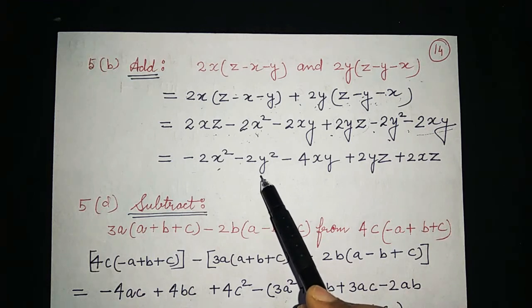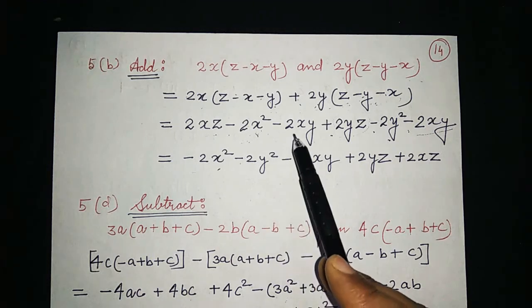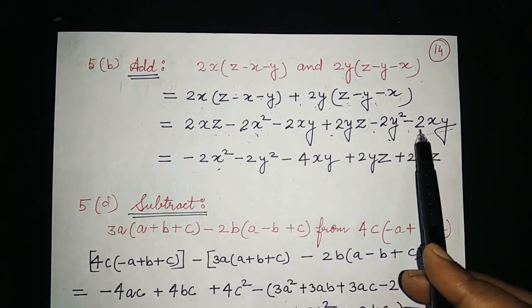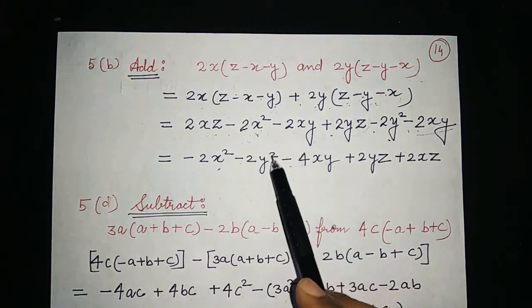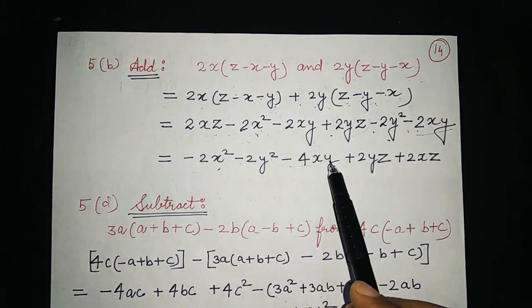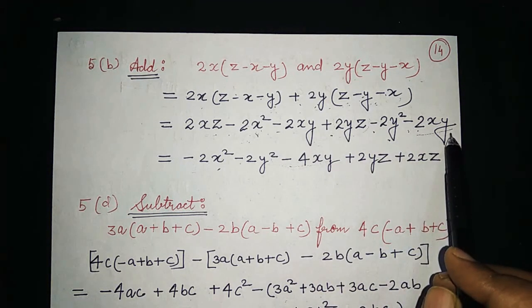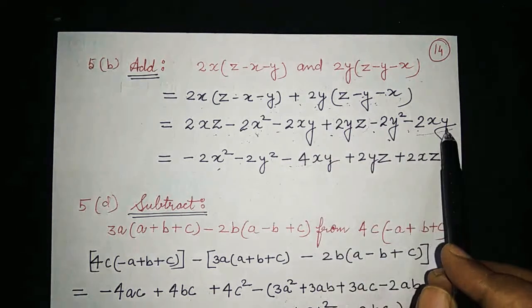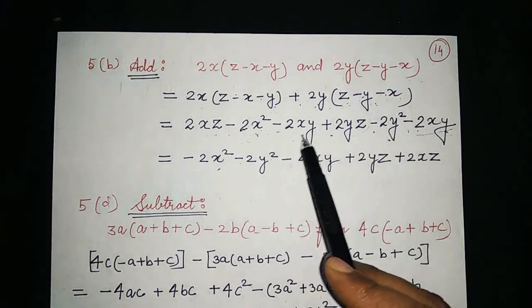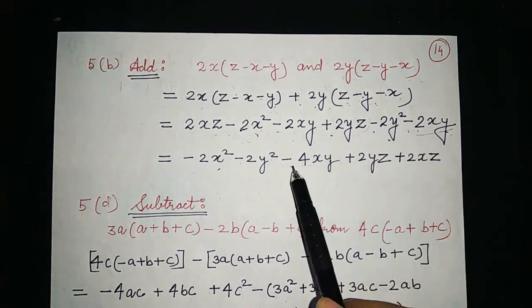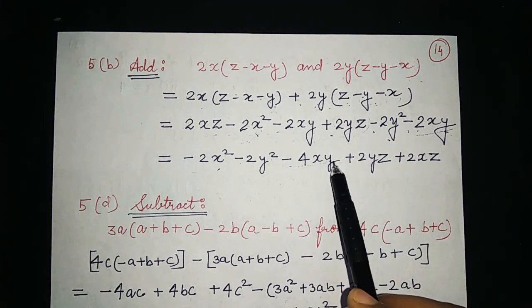So after this we will write minus 2xy and minus 2xy. We will add, we will get here minus 4xy, because this minus 2xy and this minus 2xy both are like terms, so we can solve it. So minus 2xy and minus 2xy, we can write minus 4xy for this.